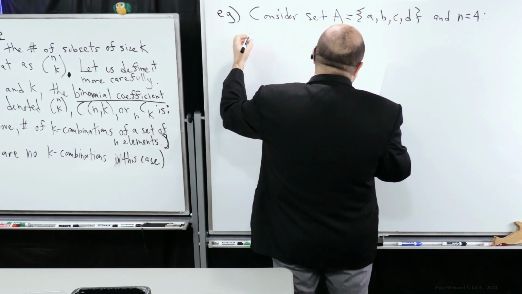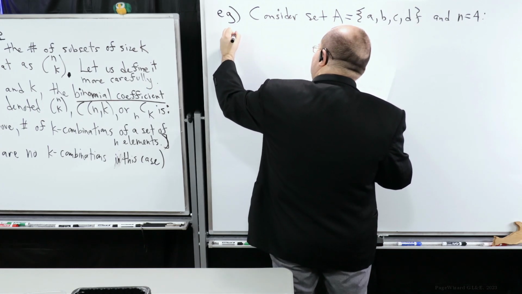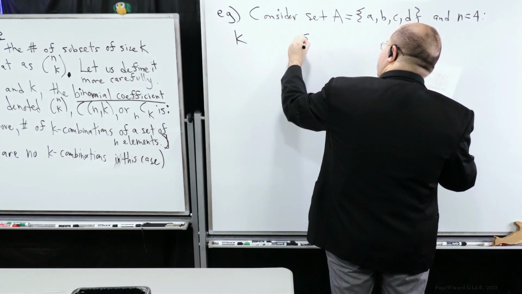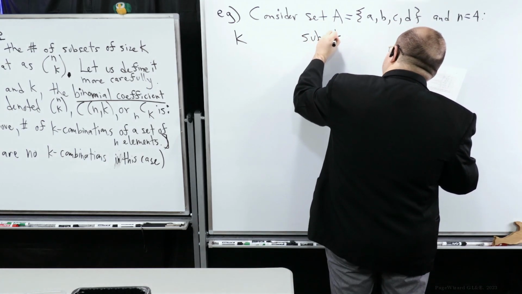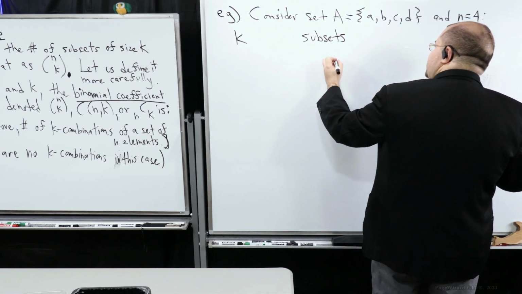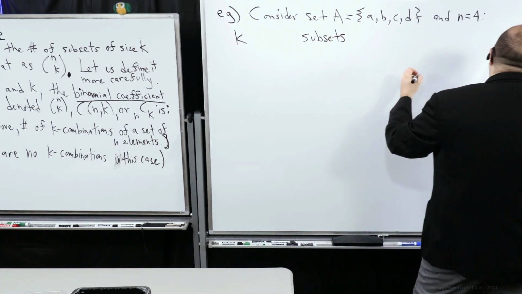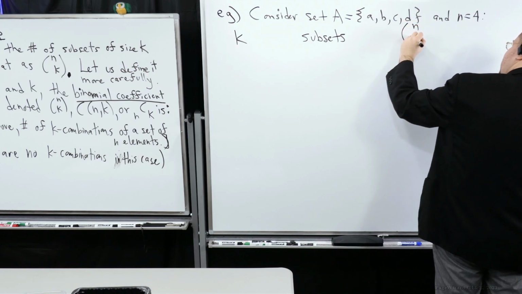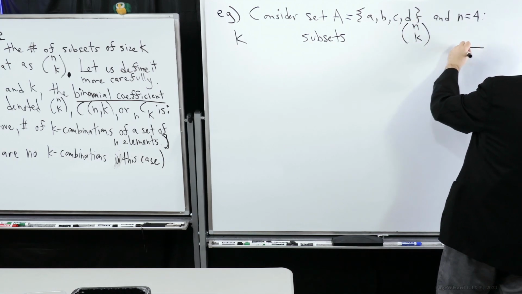We're going to make a little table to help us play around with this. We're going to have k, a column for the subsets, the actual subsets of size k, and then we're going to see what n choose k is for that particular value.